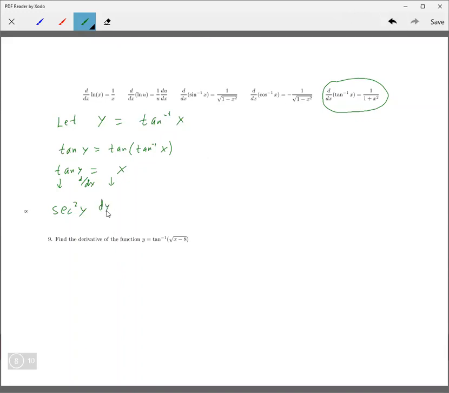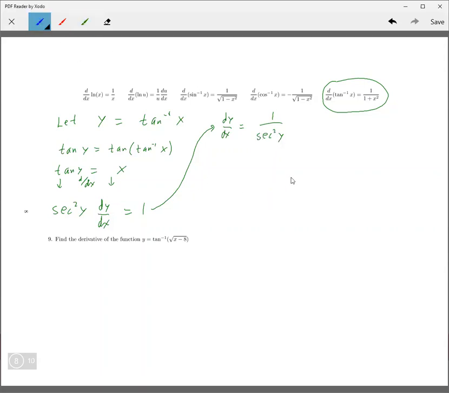Secant squared y dy dx by the chain rule, and that's 1. Okay, so that tells you that dy dx is equal to 1 over secant squared y. But then you're like, Brother Hurst, it says it's 1 over 1 plus x squared, not secant squared y.